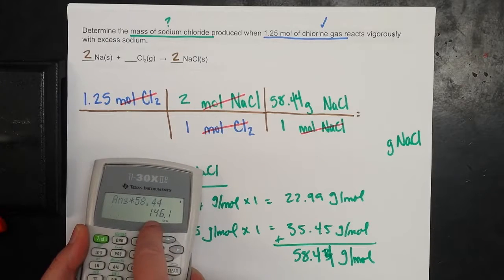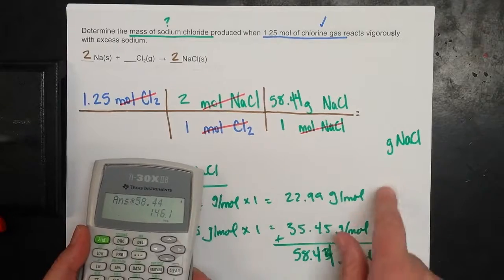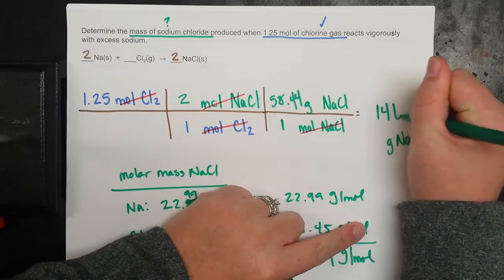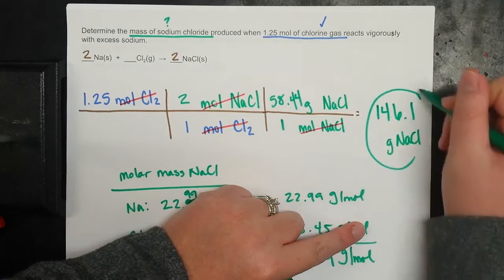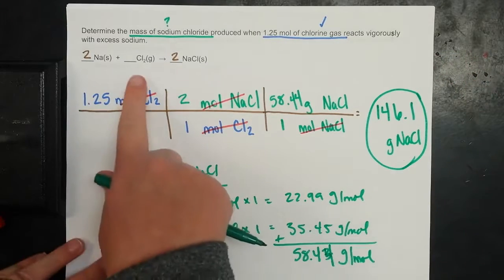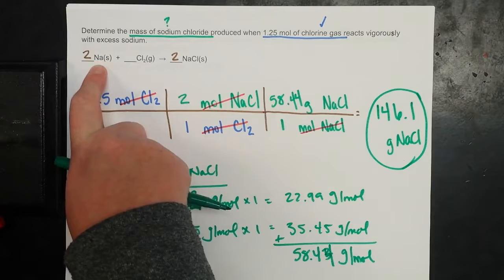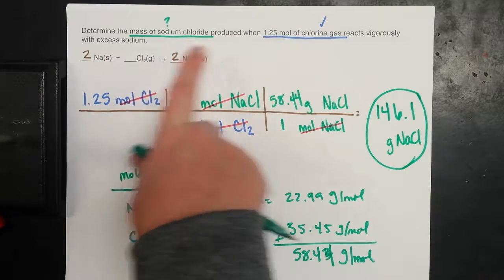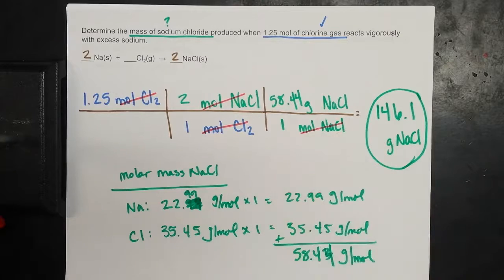This gives me 146.1 grams of sodium chloride produced. So this means that as long as I've got plenty of sodium to react, if I have 1.25 moles of chlorine gas, I should produce this mass of sodium chloride. That's the problem.